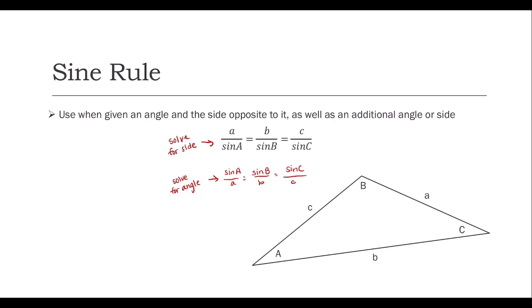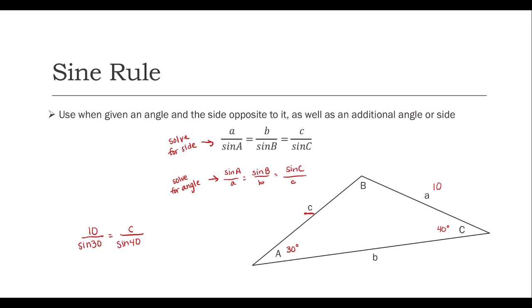If we were given that angle A was 30 degrees and side a was 10, and that angle C is 40 degrees, we could figure out side length c by saying a over sine A, so 10 over sine 30, equals c, which we don't know, over sine C, so over sine of 40.